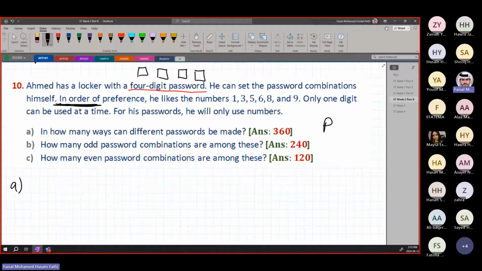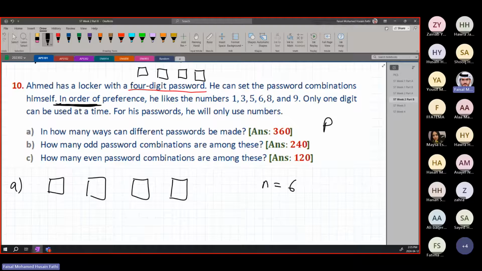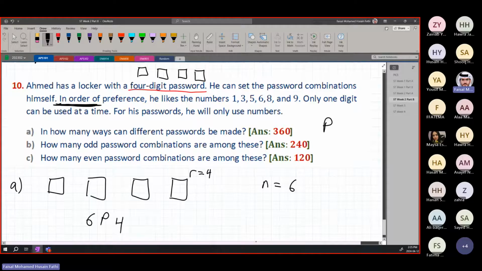So we have 4 boxes. Okay. And he has 1, 2, 3, 4, 5, 6 numbers. So n is equal to 6. Okay. So very simple. n is equal to 6. You have 6 numbers here. And you have your boxes, r is equal to 4. So the first one, very straightforward, is 6P4.